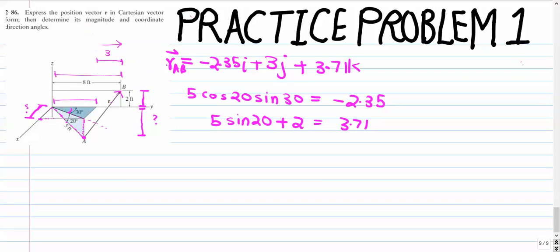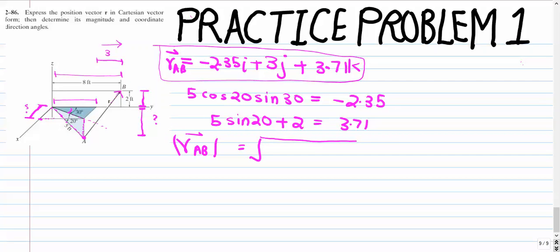Now that we have the Cartesian vector form, we can move on to find the magnitude of this length vector AB. So to find the magnitude, we will simply use the resultant or the magnitude formula, that is, the magnitude of the length vector from A to B is equal to the square root of the sum of the squares of all lengths in each direction.